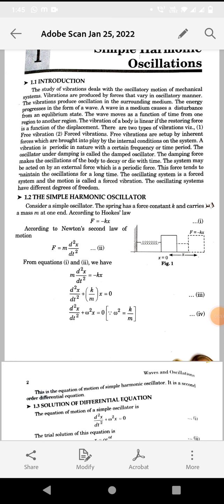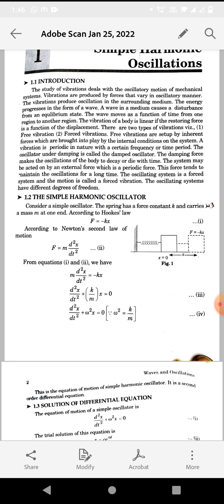If any motion is expressed by sine functions or cos functions, those are called harmonic functions. If any motion is expressed by sine or cos functions, we simply say that it is simple harmonic. But there must be two conditions.